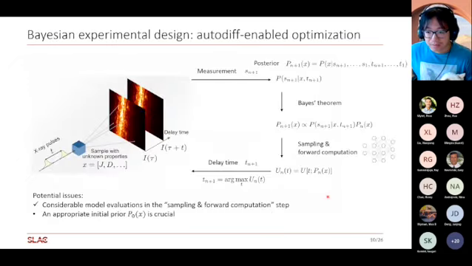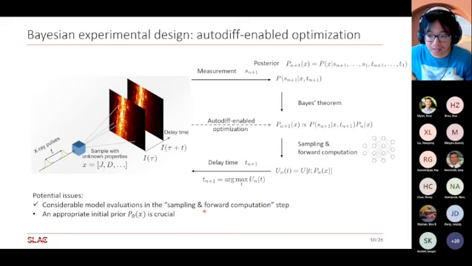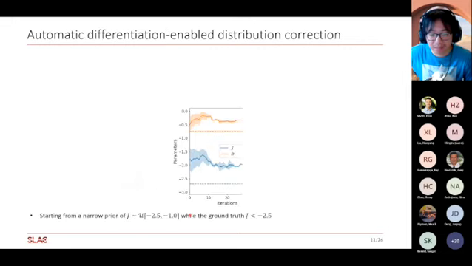So although we kind of solved the first challenge by using a neural network model, still the Bayes update is vulnerable to bad initial prior distribution. And here, we actually can address this issue by adopting the optimization enabled by automatic differentiation. So let's first see how this bad initialization can affect this Bayesian design.